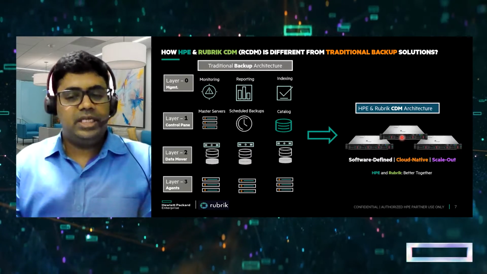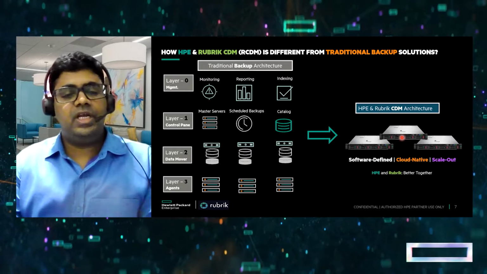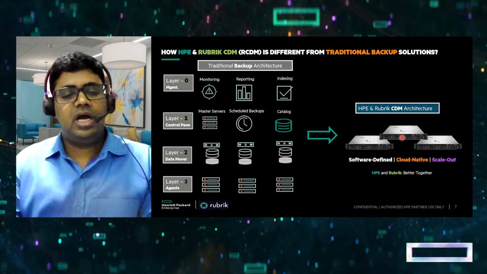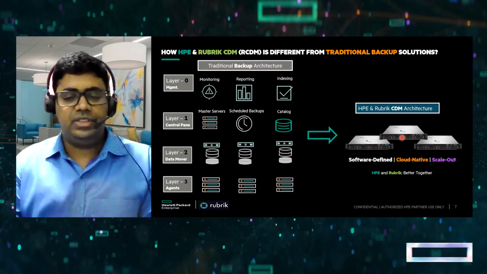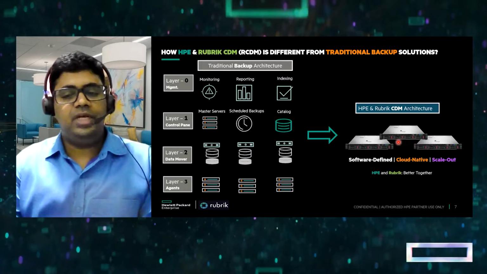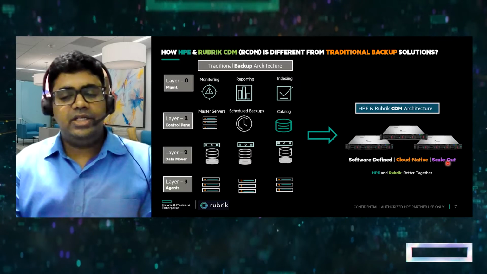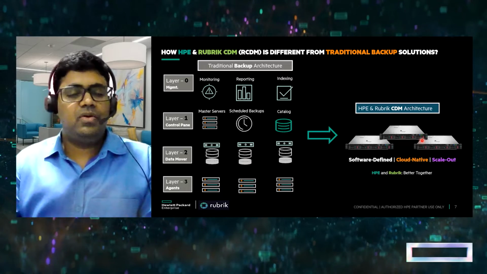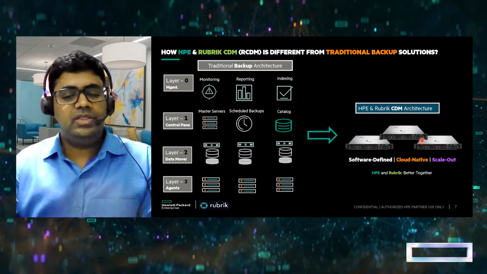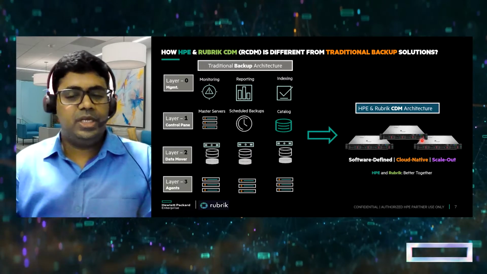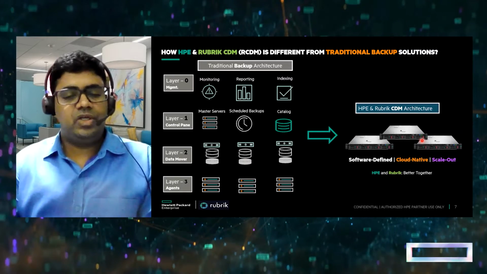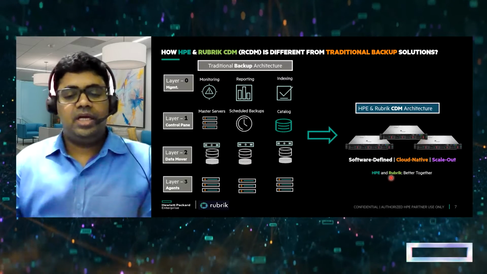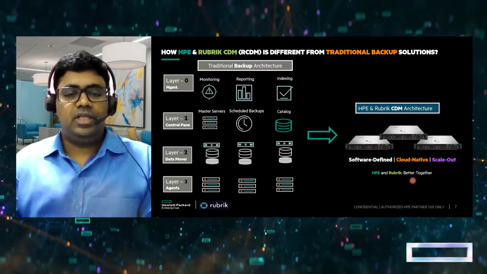And you can perform this CDM management on any cloud, on premises, and also in any of the ROBO offices, and that flexibility we have in this architecture. And in addition, scale out. In future, if your production workloads keep growing and you want to increase your Rubrik and HPE cluster, the scale out is possible without impacting the existing cluster. And HPE and Rubrik are better together.